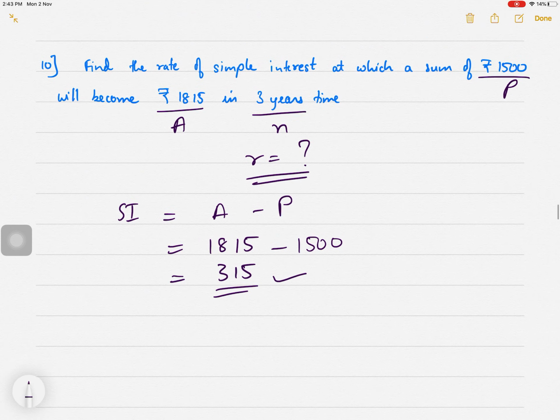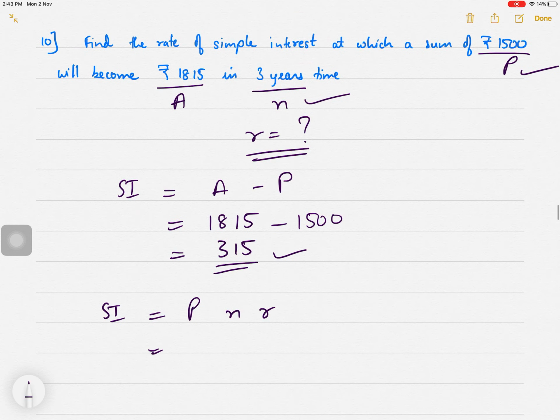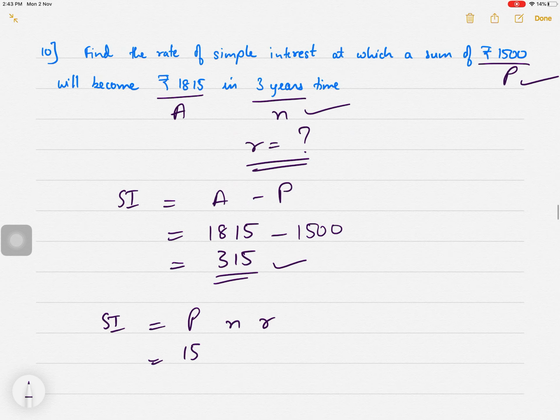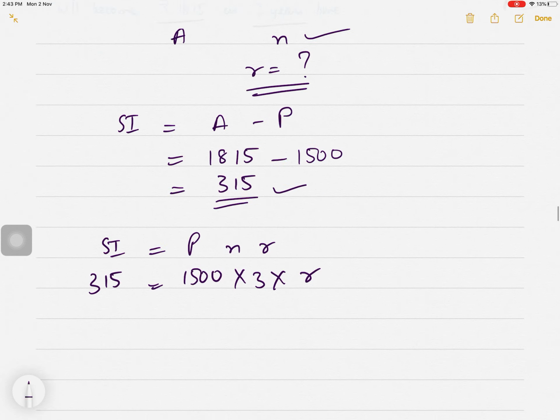You know interest, you know N, you know P, you have to find R. So simple interest is equal to P into N into R. P is given as 1500, N is 3 years, you don't know R, and simple interest is 315.